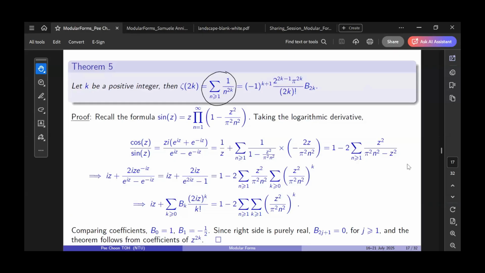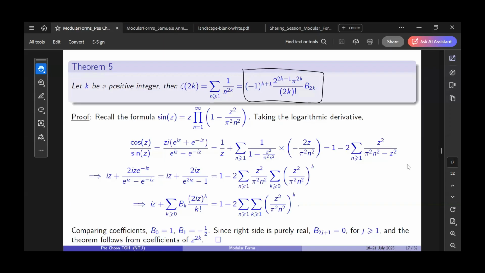So how do we calculate this? This theorem has proved that it will be like this. For the proof, I will not explain it here because it's pretty long and hard to explain online. But basically, this is the formula to calculate theta 2K.